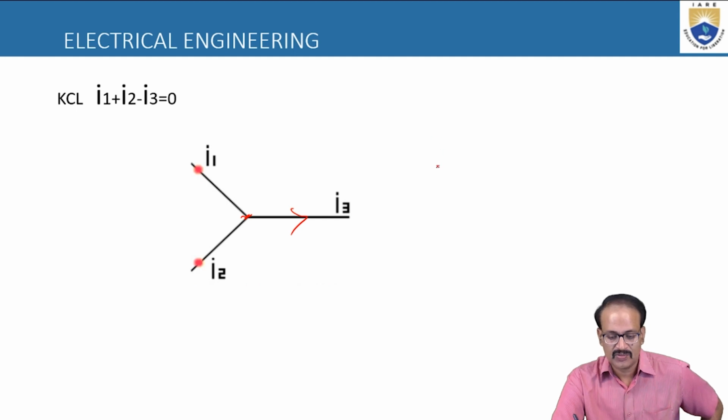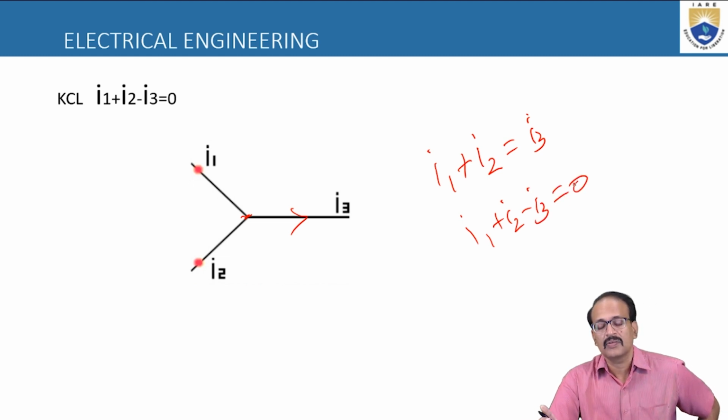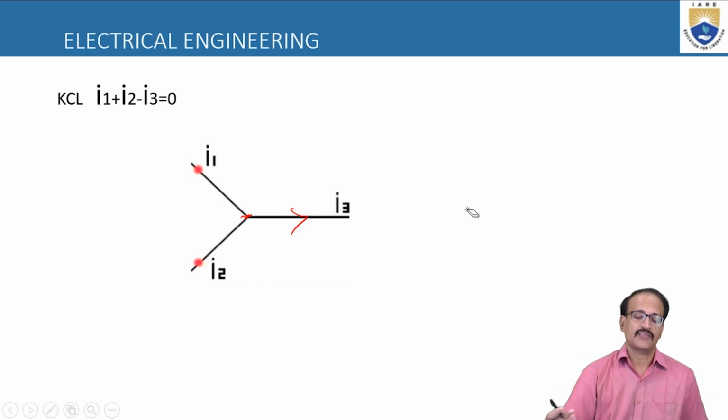But then also we will say that I1 plus I2 is equal to I3, or we say I1 plus I2 minus I3 is equal to 0. So this is what Kirchhoff's current law says.